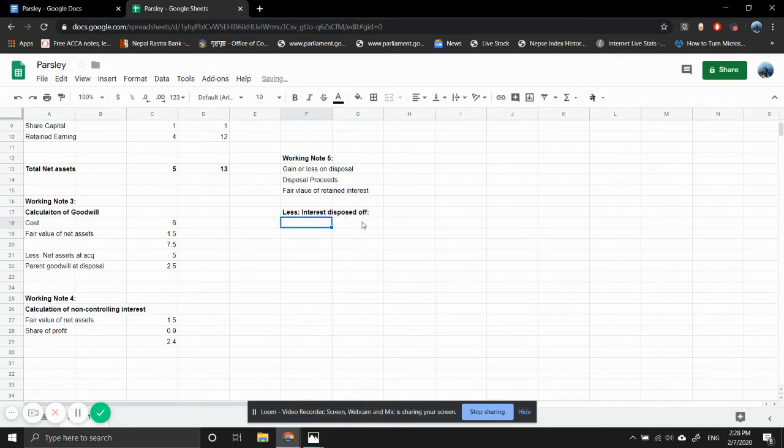So this will be bold. Net assets at disposal less NCI at disposal. This will be this figure minus this.